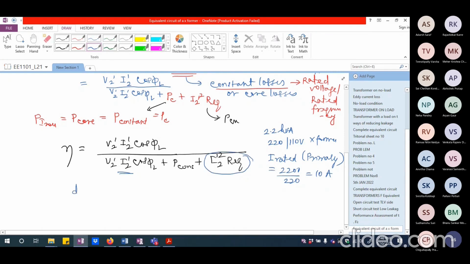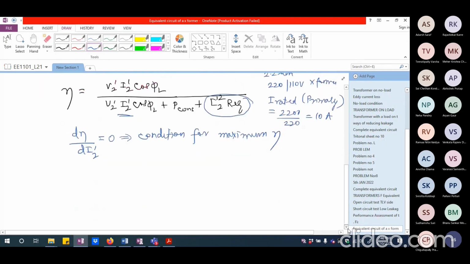So I can calculate under what load current efficiency is maximum. I'm going to say d eta, the efficiency, divided by d I2 dash equal to 0. This is the condition for maximum efficiency. Minimum efficiency is 0, obviously. So for maximum efficiency, let me try to differentiate this.